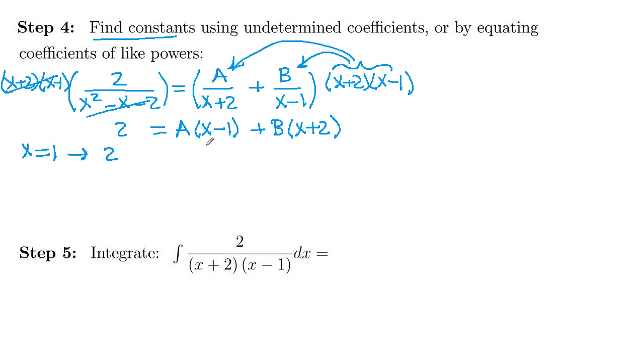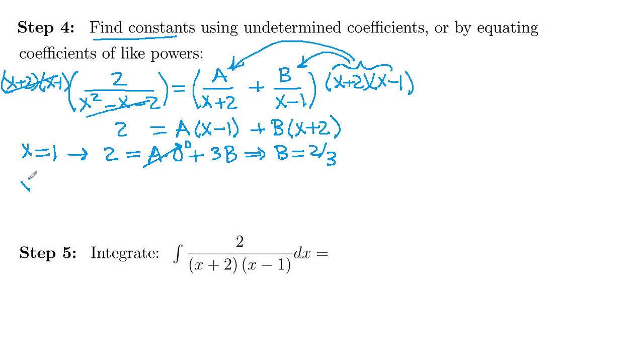Left-hand side equals 2. This will be 1 minus 1. So you just get a times 0 plus b times 1 plus 2, so 3b. So that zeroes out. So we get 2 is equal to 3b. So you divide both sides by 3, your b is equal to 2/3.